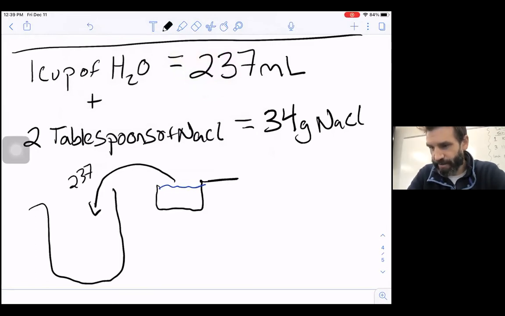That's 237 mLs, and there's the water level once I've dumped that in, right?